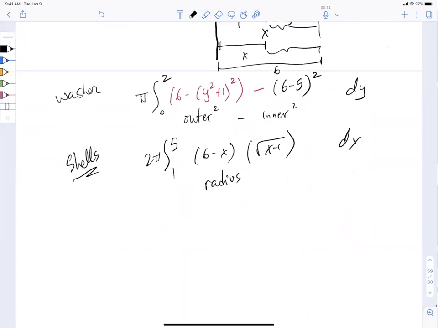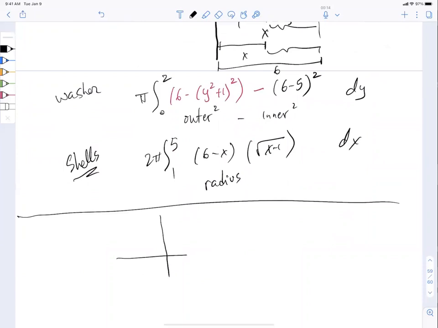Let's do just one more of these, and then I'm going to do something a little bit different. So let's take the same function again, the same given function. This is 5, this is 1, this is the square root of x minus 1.